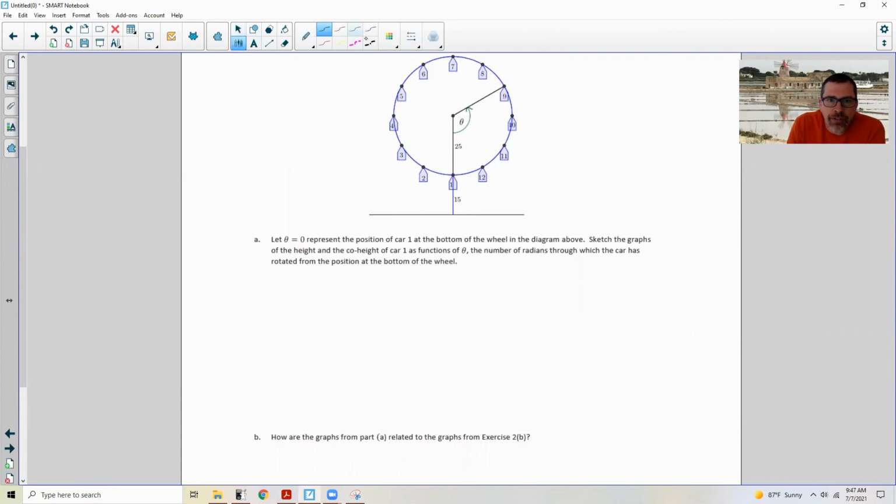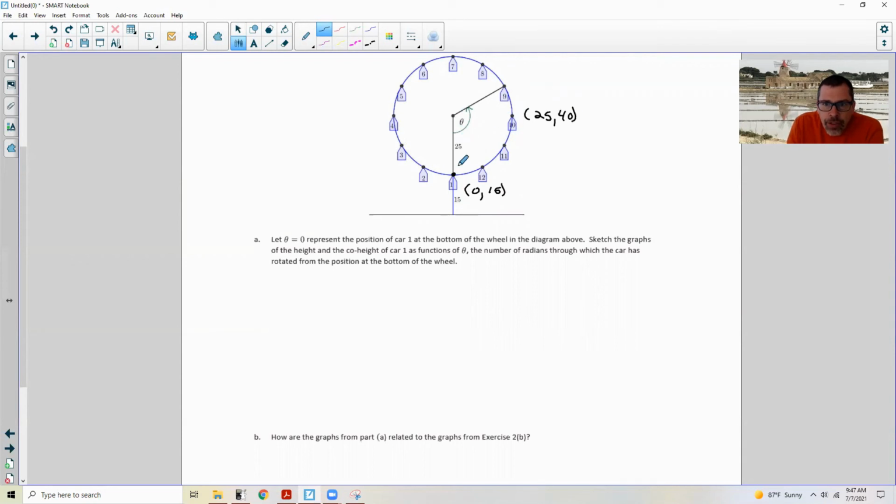So before I graph that, I'm just going to label these locations now. Now we're starting right here, and cosine x is 0 and y is 15. Over here, cosine is 25, or the co-height is 25, and the height is 25 plus 15, or 40.